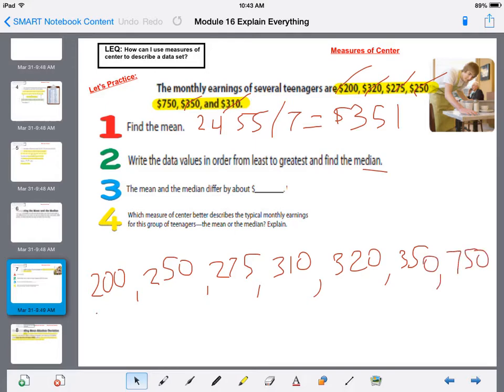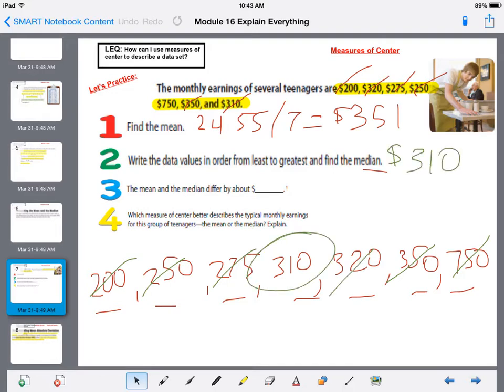We make sure that there's 7: 1, 2, 3, 4, 5, 6, 7, and median means you cross out little guy, big guy, little guy, big guy, little guy, big guy, and so the median is $310. The mean and the median differ by about, 351 minus 310 is about $41, so approximately $40 difference between the mean and the median.